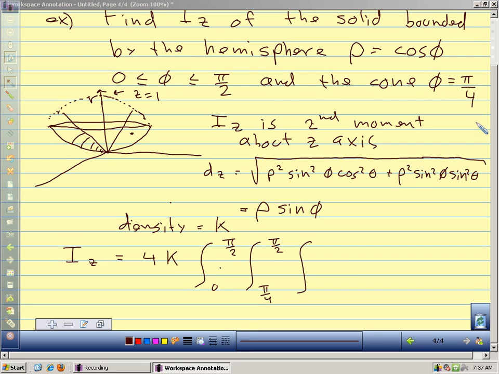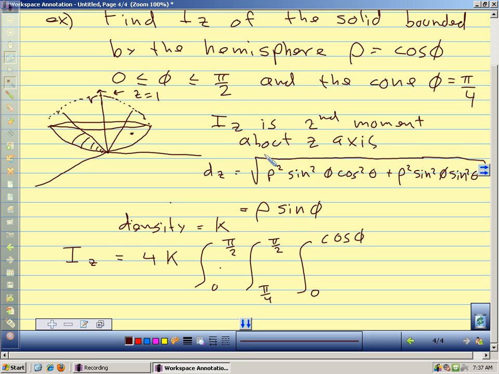Rho, my radius, goes from 0 to what? Cosine phi. That's the radius on my hemisphere.